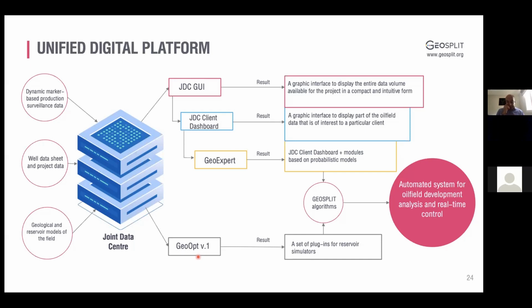And GeoExpert is basically what we are focusing on now, to develop in-house data-driven models that can be used for predictive analytics and better decision-making for the end user.